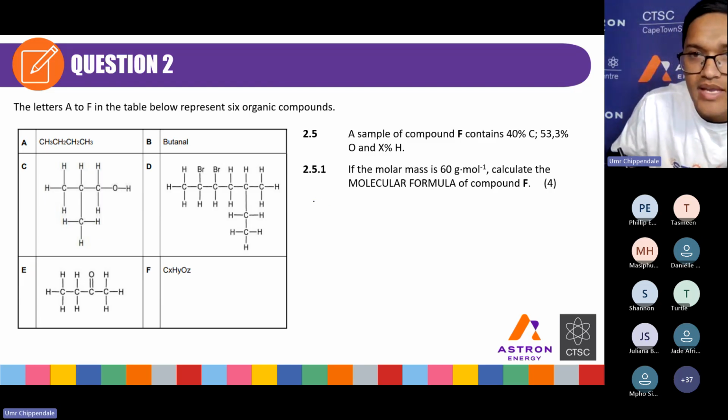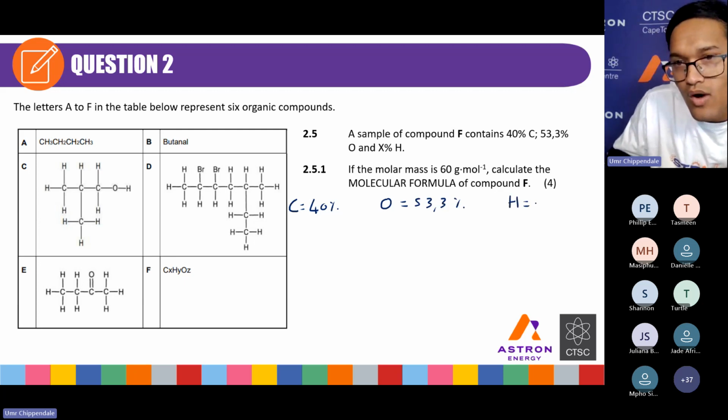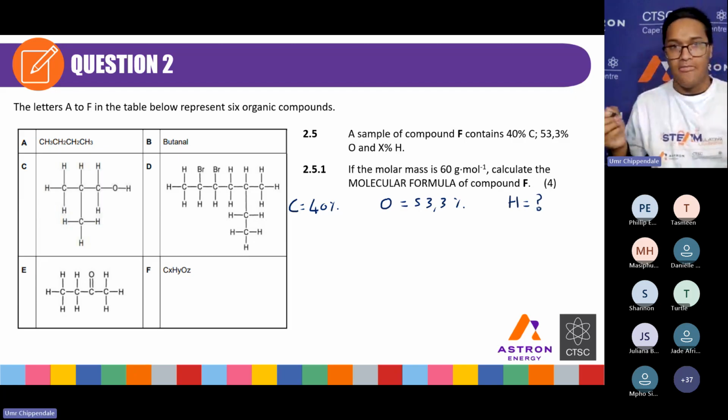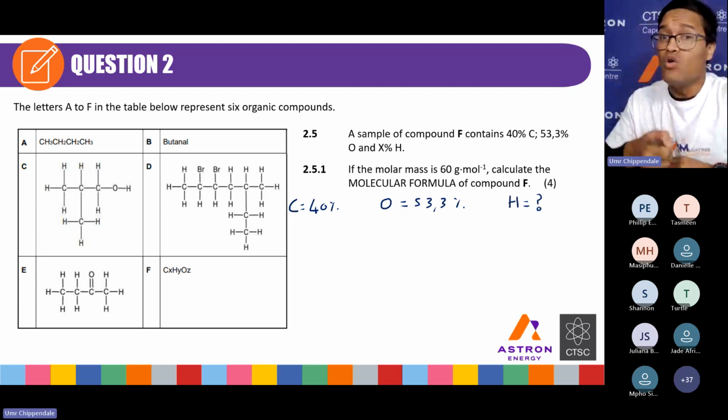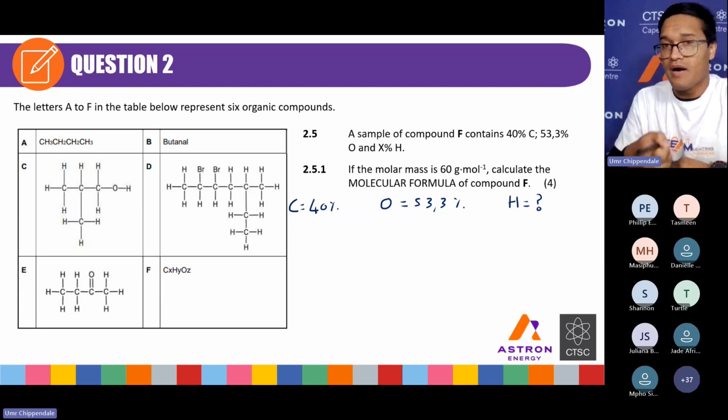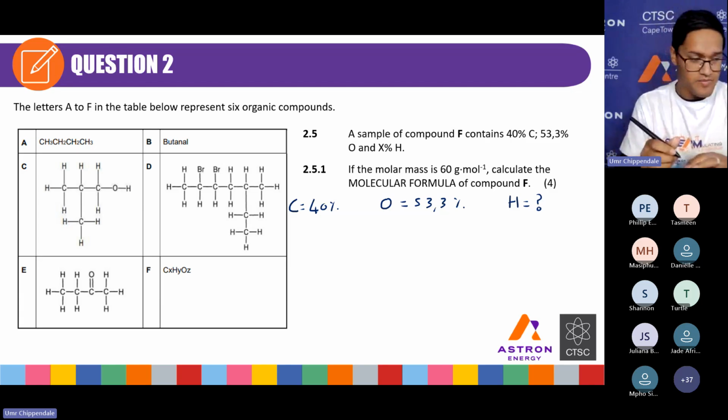So we have carbon is equal to 40%. Oxygen is equal to 53.3%. And hydrogen is what? We don't know. Then it says, if the molar mass is 60 grams per mole, calculate the molecular formula of compound F. So, okay, that's what we need to do.